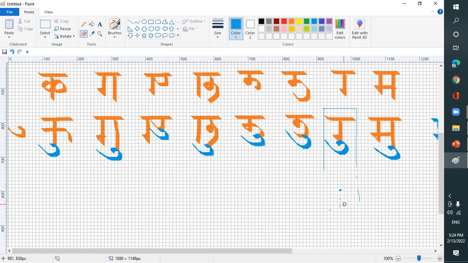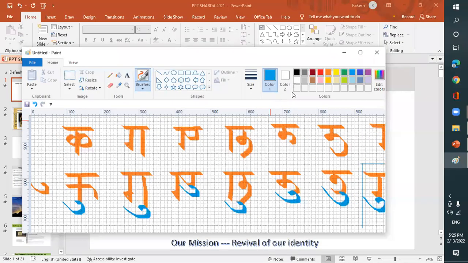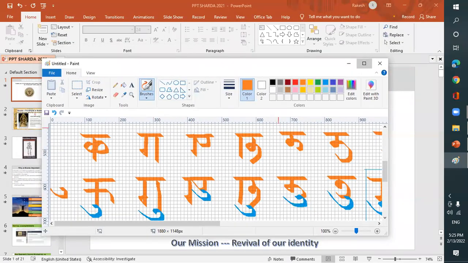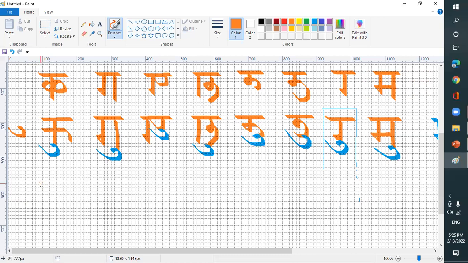The ru that we just learned, I will take you through separately, but just to avoid confusion, for now you have understood that we learned about u and u matra. Now I have to do the u matra. So u is the same.